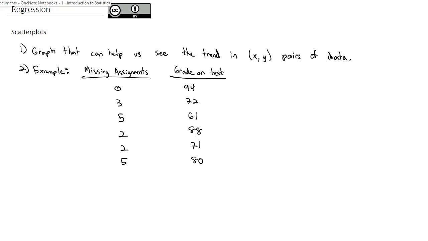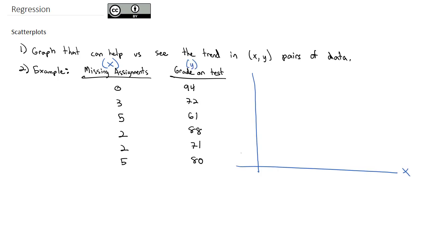We can graph these on a scatter plot where we treat the independent variable, the first column, as x, and that will graph on the x-axis, and the grade on the test, the second variable, y, will graph that on the y-axis. And I see missing assignments go from 0 to 5, so we'll have 0, 1, 2, 3, 4, and 5.